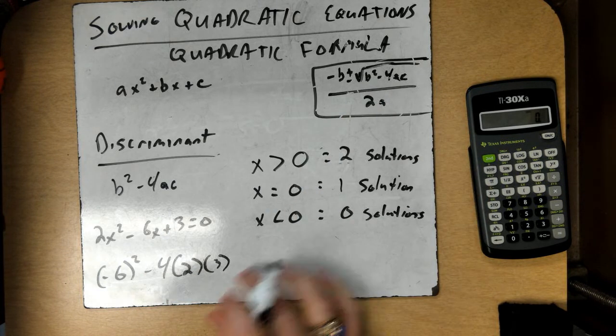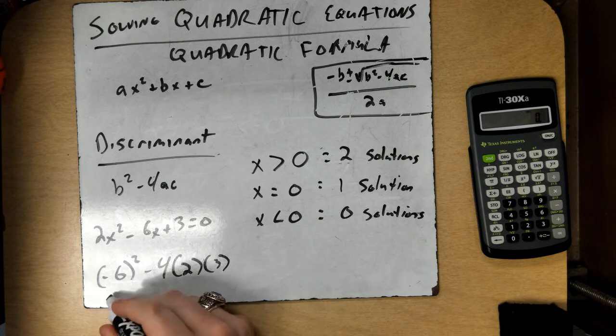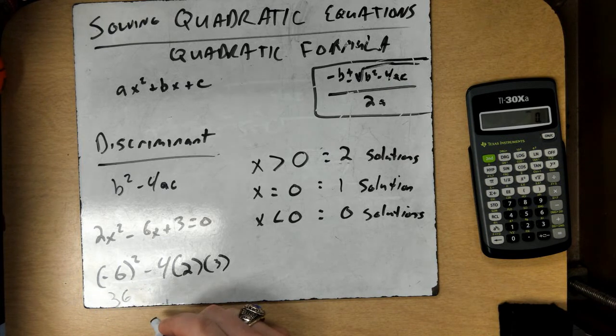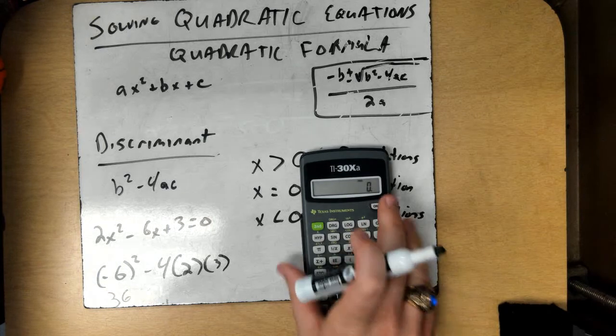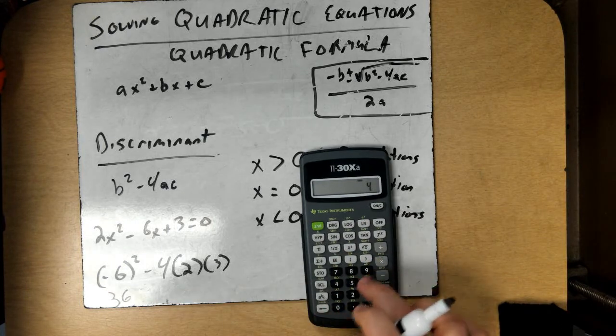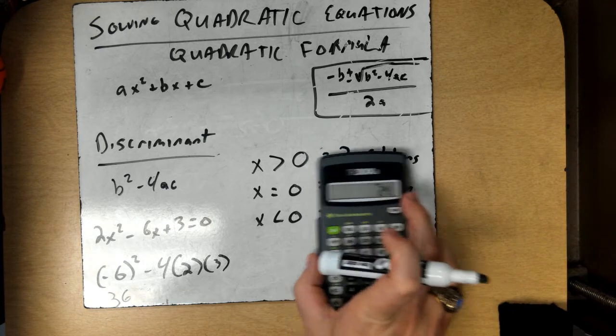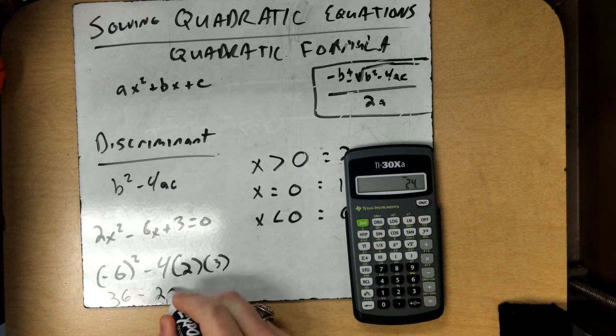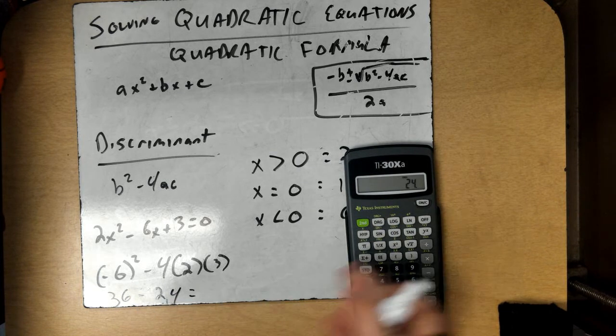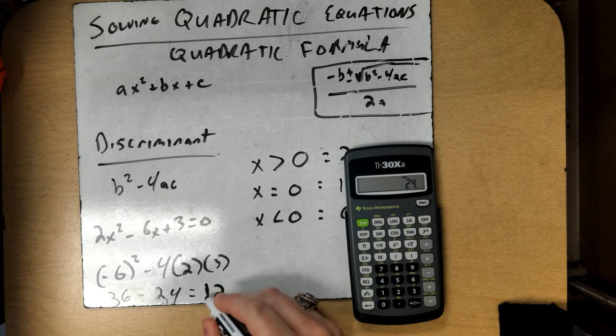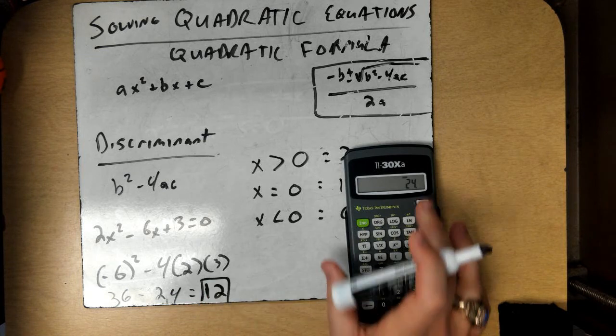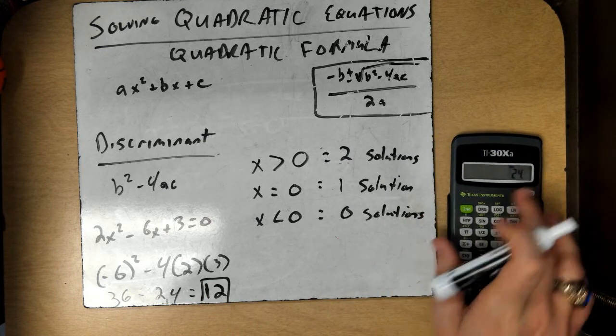Okay, so negative 6 squared is 36, and then 4 times 2 times 3 equals 24. So minus 24, and 36 minus 24 is 12. So our answer is 12. We look over here.